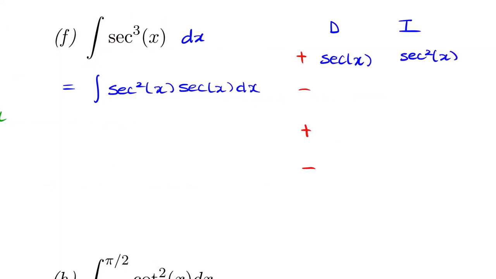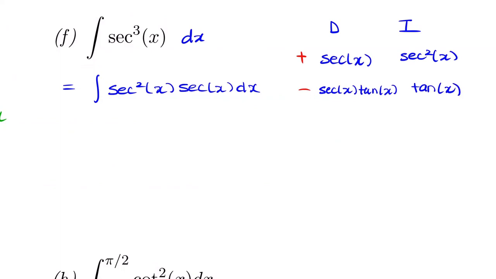All right. So if we differentiate secant, we are going to get secant of x, tan of x. If I integrate secant squared of x, I'm going to get tan of x. Let's leave it like that. So I don't need these two.